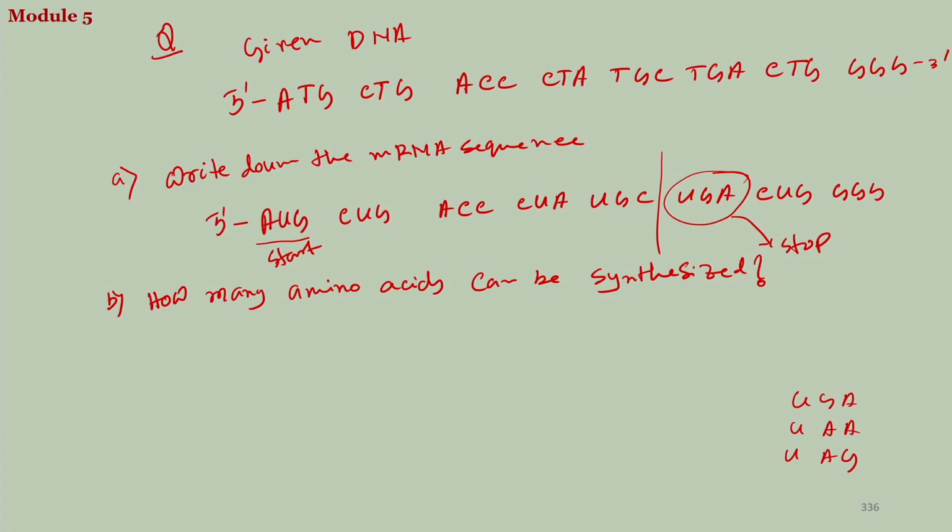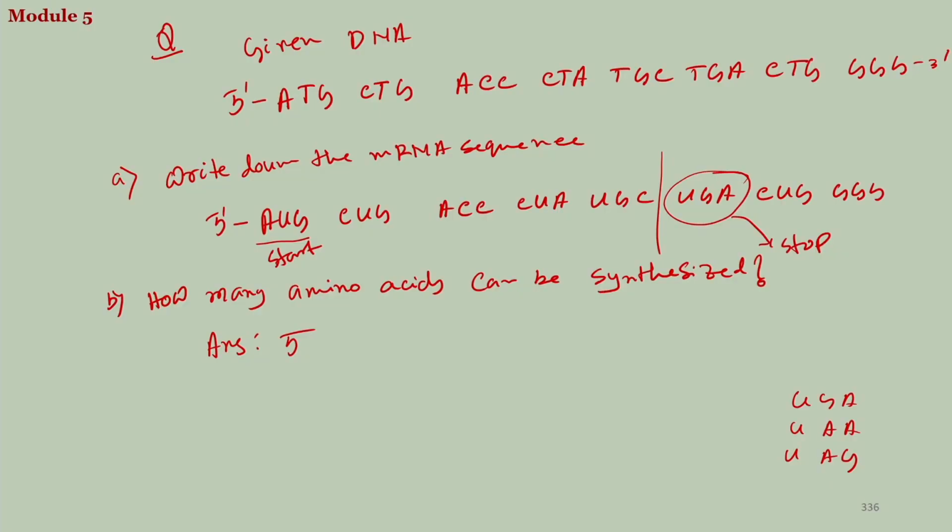So you can synthesize 1, 2, 3, 4, 5 amino acids. So the answer is 5. You can synthesize a peptide of 5 amino acids out of this mRNA sequence. So you always have to be careful that your stop codon could be hidden somewhere.